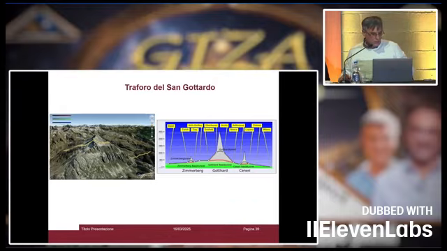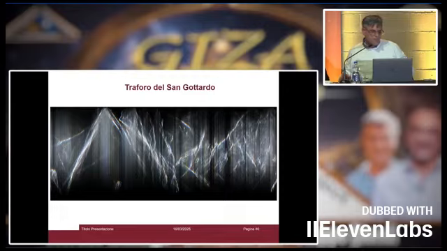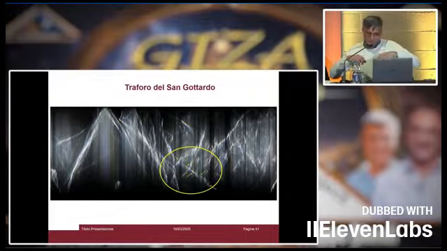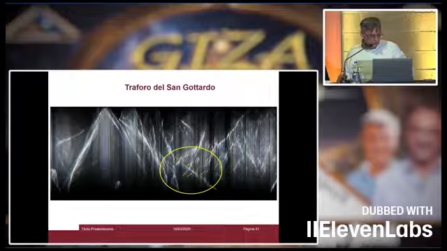Okay, one last case study is that of the San Gottardo tunnel. We generated the image of the subsoil of the San Gottardo facility, and as you can see, you see the tunnel that is inserted into the mountain. This is very nice.